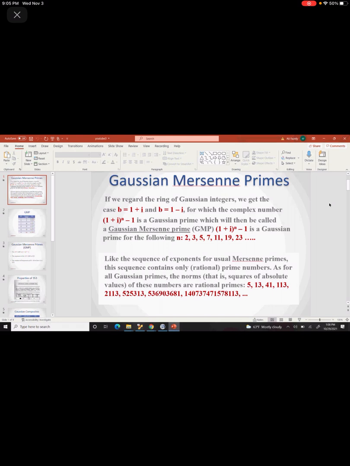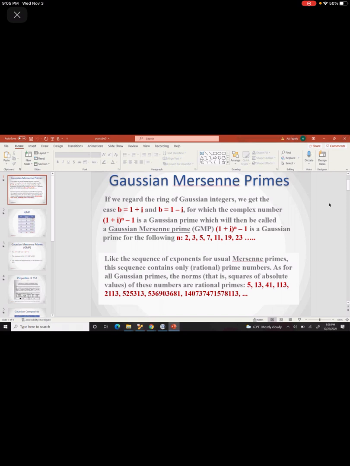Now, if you multiply this number, once you raise the power to 2, and all of those exponents have to be prime numbers: 2, 3, 5, 7, 11, 19, 23, and so on. Okay?